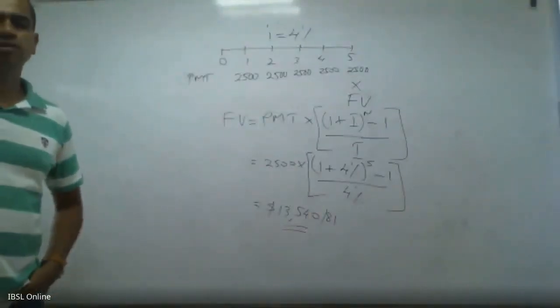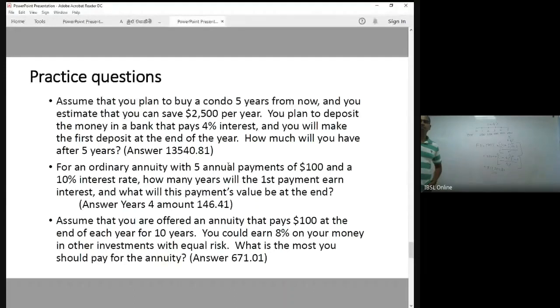For an ordinary annuity with 5 annual payments of 100 and 10% interest rate, how many years will the first payment earn interest, and what will this payment's value be at the end?